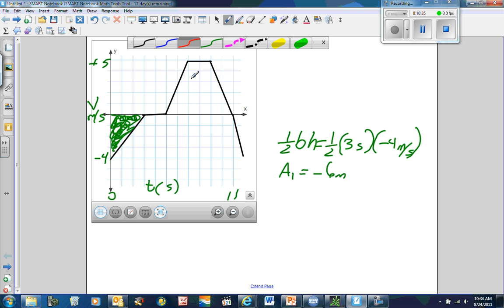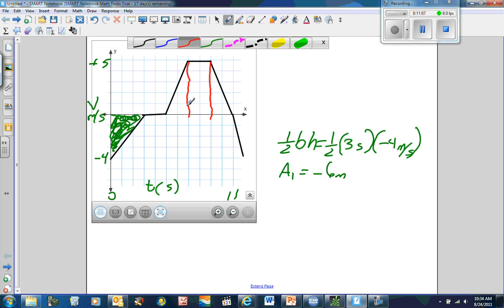Okay, then I have this area up here. That's a terrible straight line, but I can divide this into 2 right triangles and a rectangle. There's an equation for a trapezoid, but this is real quick if you can't remember that. 1/2 base times height for this one, so base is 2. So this is going to be an area of +5 because 1/2 of 2 is 1, and 1 times 5 is 5.